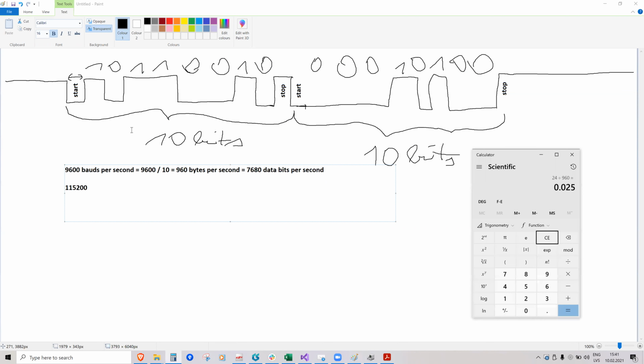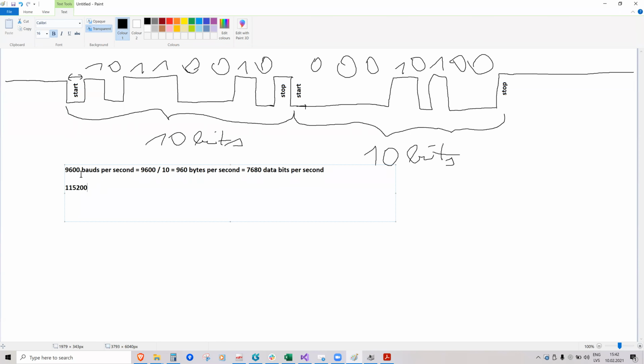But in shorter connections and in the microcontroller world, a very popular speed is 115200. Let's check: 9600 times 12. So it's 12 times faster than 9600. Usually UART, for some reason, uses multiples of this number for the speeds.